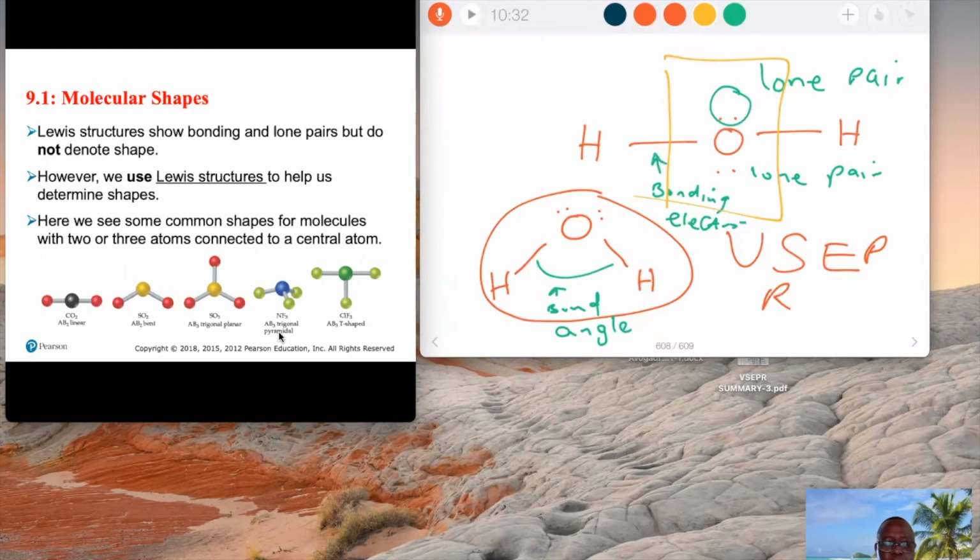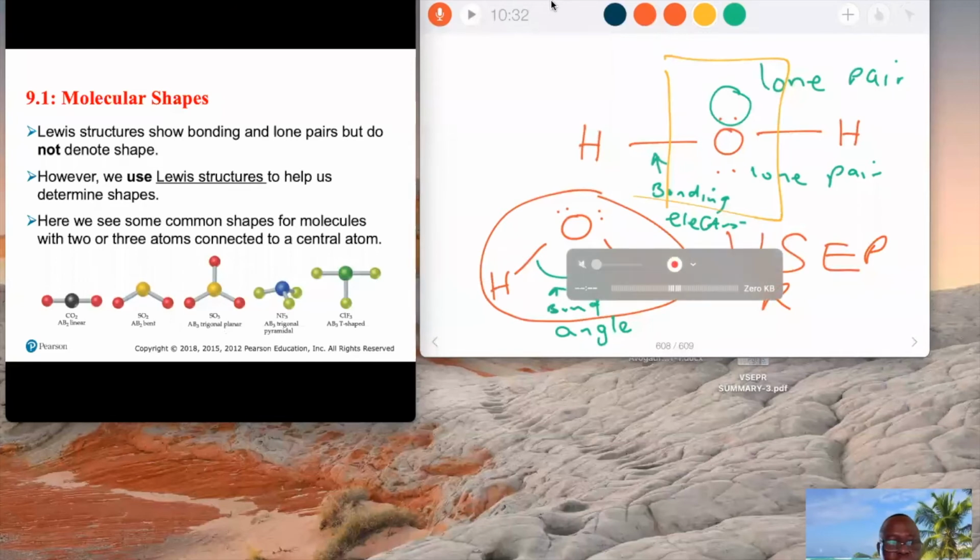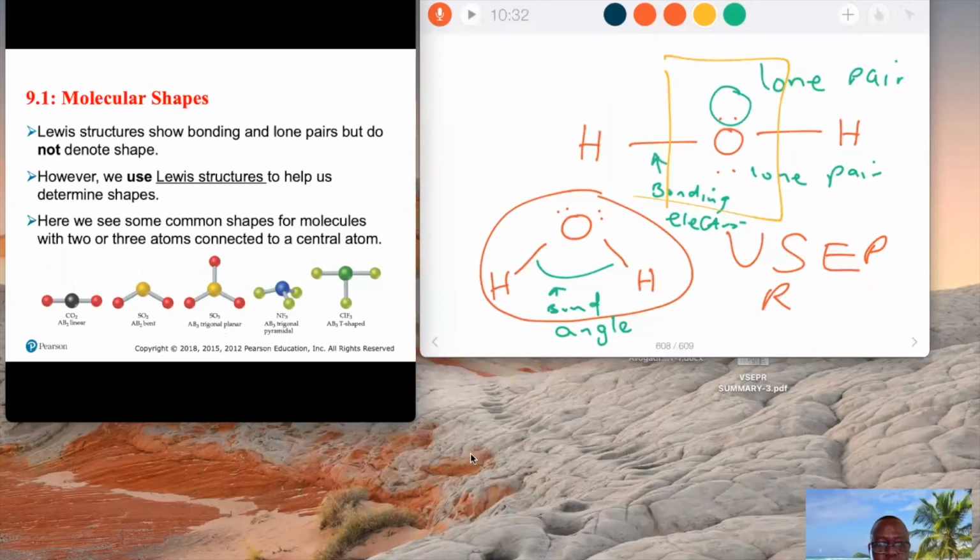The terms linear, bent, trigonal planar, trigonal pyramidal, and T-shape are the terminologies used in describing the molecular shape.